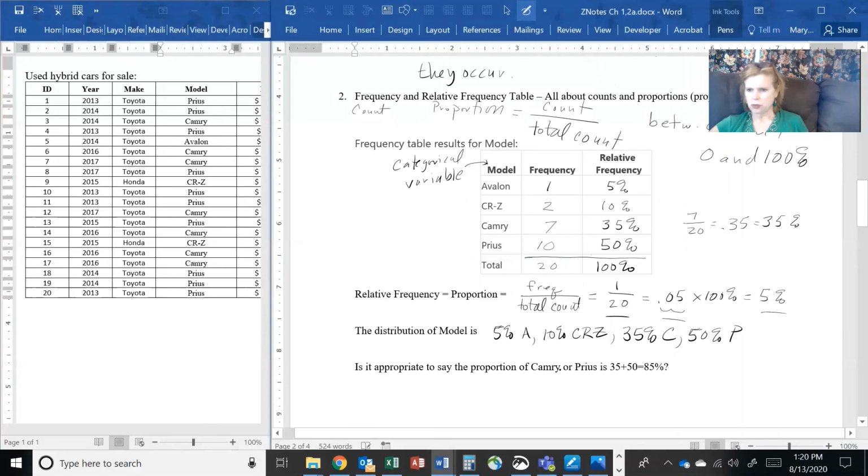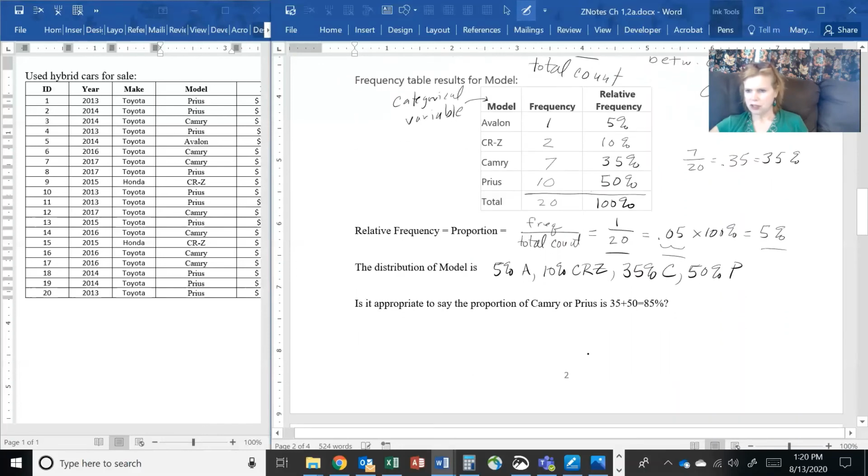All right, I got a question for you. Is it appropriate to say the proportion of Camry or Priuses, can I add these together and say 85% of the cars are either Camrys or Priuses? And I'm going to tell you the answer is yes. Counts and proportions are additive, as long as there's no overlap.